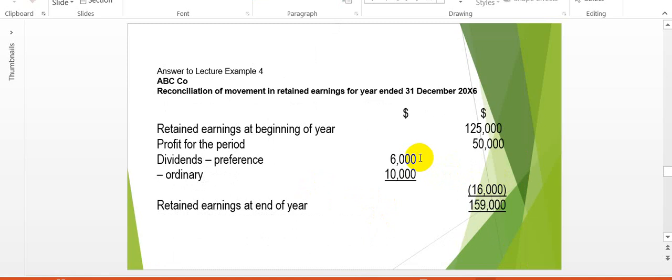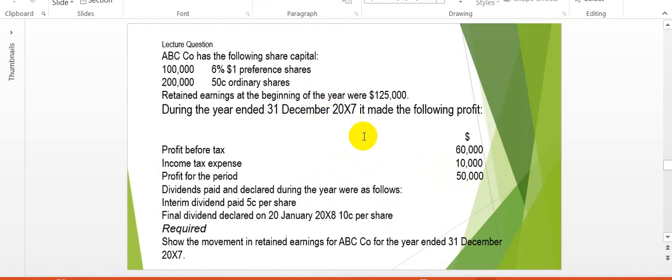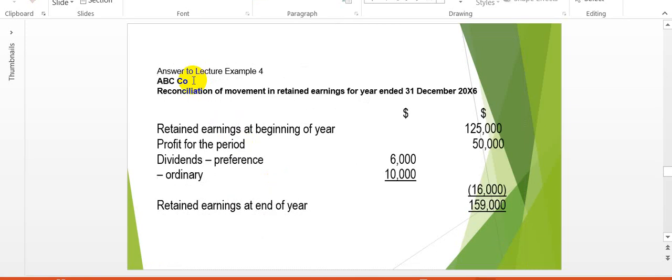Then the ordinary dividends paid in the year was 5 cents per share. So 5 cents times 200,000 gives us 10,000, which is the 10,000 there. Add the two to give us 16,000, subtract from the retained earnings.